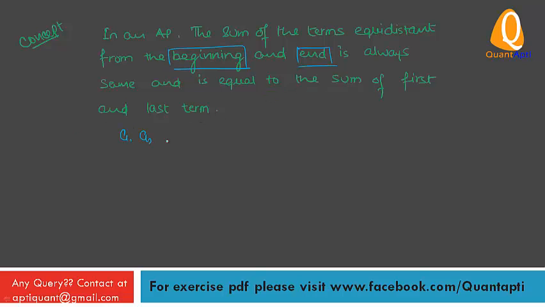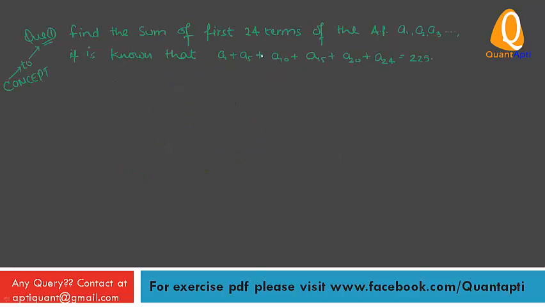If a1, a2, a3 and so on, a(n minus 1), an are in AP, then the sum of the first and last term, a1 plus an, or the sum of the terms equidistant from the beginning and end, so a1 plus an is equal to a2 plus a(n minus 1) is equal to a3 plus a(n minus 2) and so on. Question on that: find the sum of the first 24 terms of the AP.